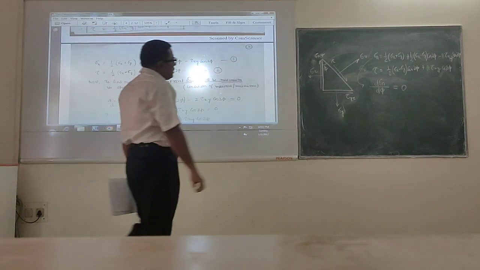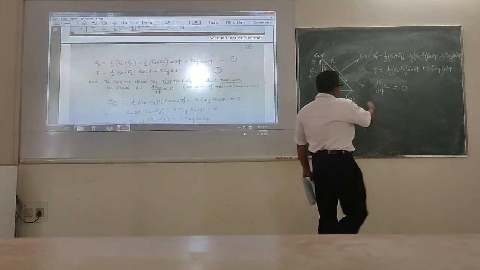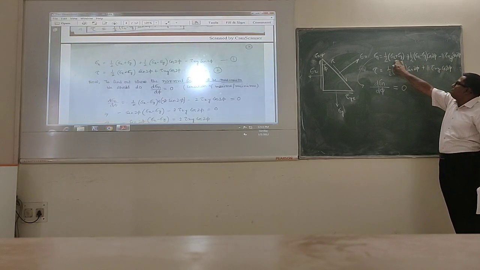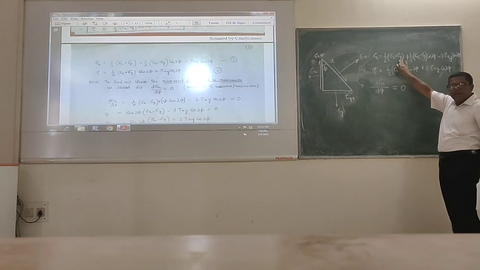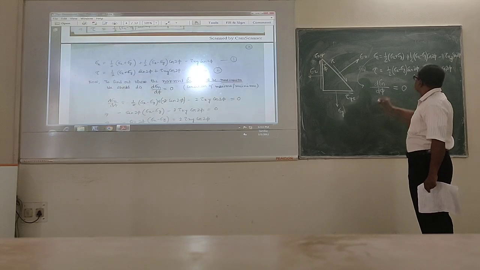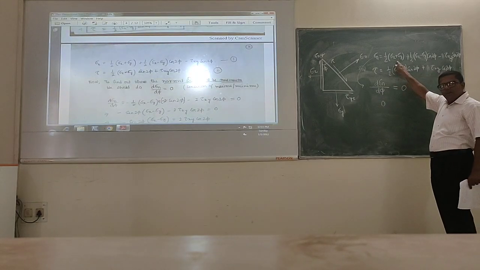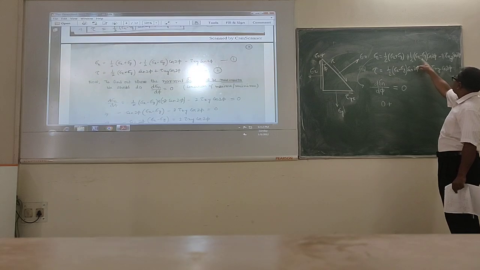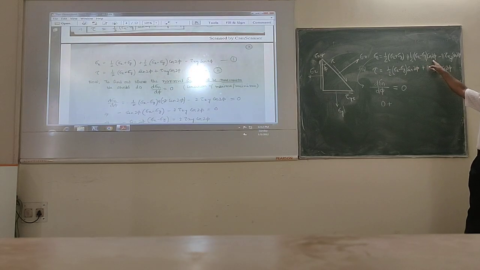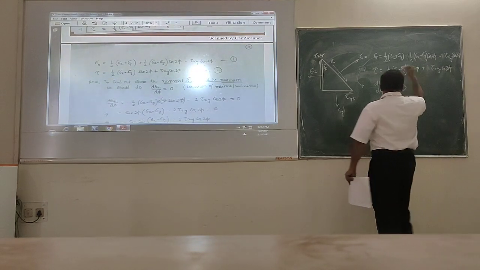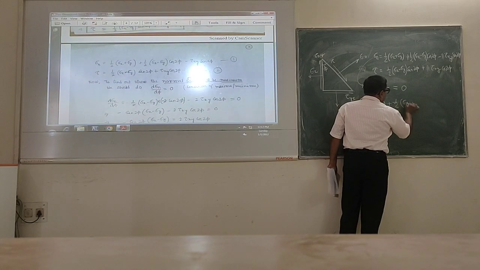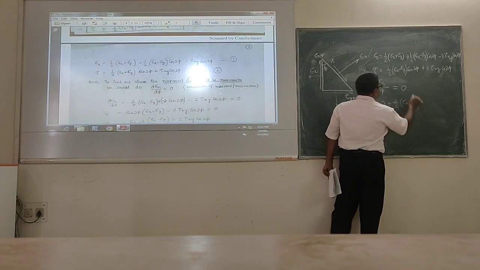Considering this d sigma n by d phi, if I differentiate with respect to phi, then half of sigma x plus sigma y will become equal to 0, correct? Plus this half of sigma x minus sigma y cos 2 phi. What is the differentiation with respect to phi? Half of sigma x minus sigma y will remain constant.